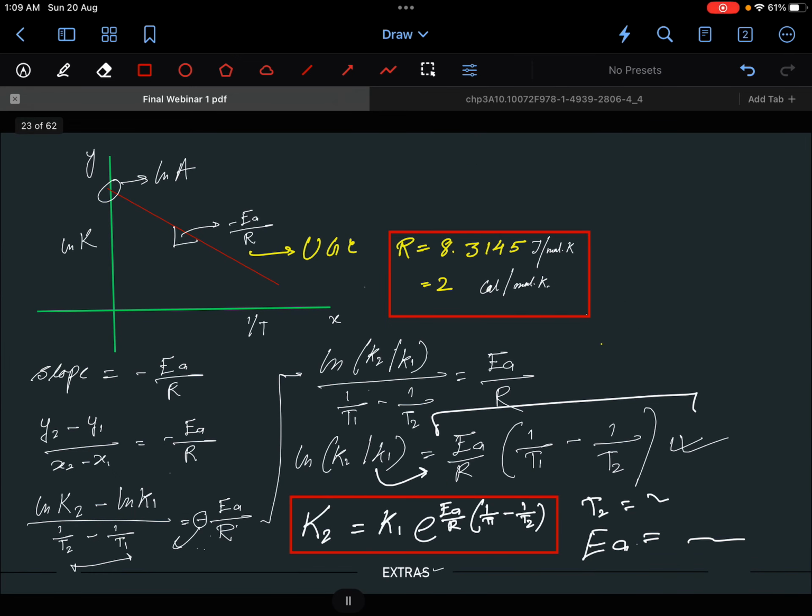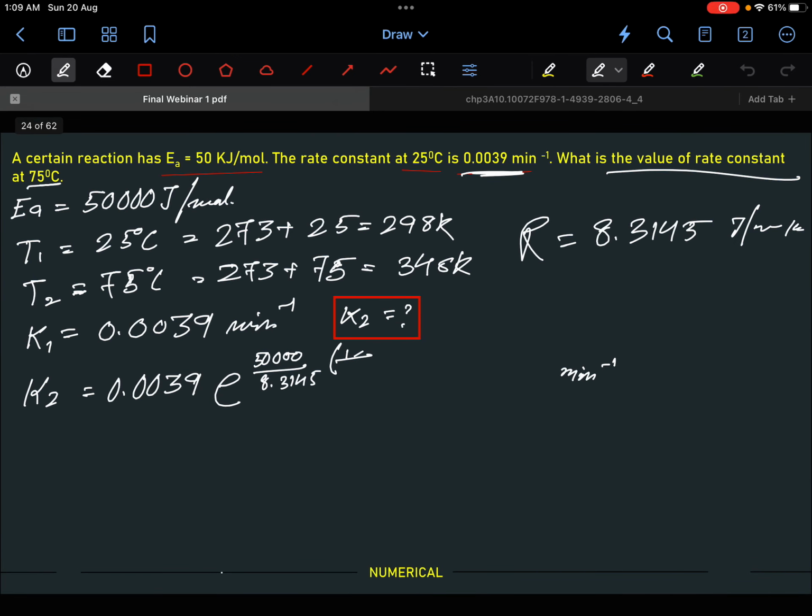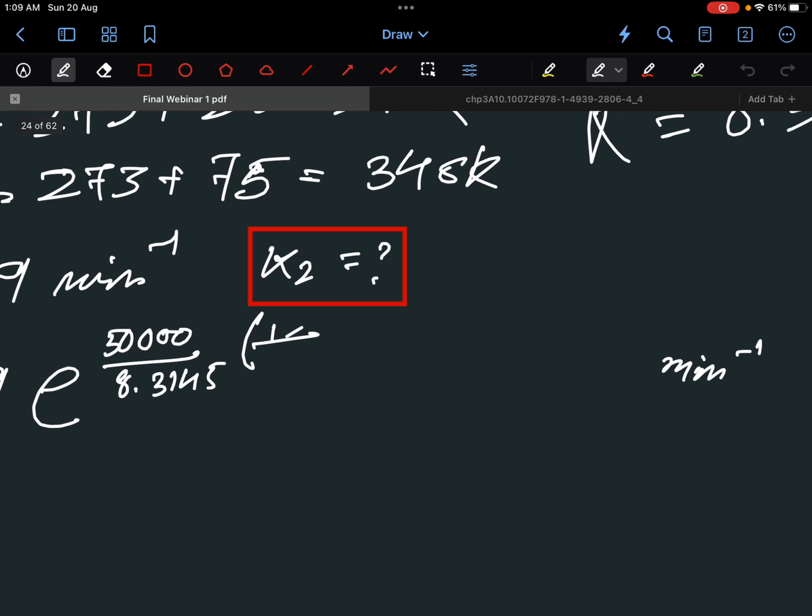T1 is 298, let me zoom in, so 1 by 298 minus 1 by T2. T2 was 348. This is Kelvin, and here Kelvin inverse, so it will cancel out, and the remaining unit will be minute inverse.